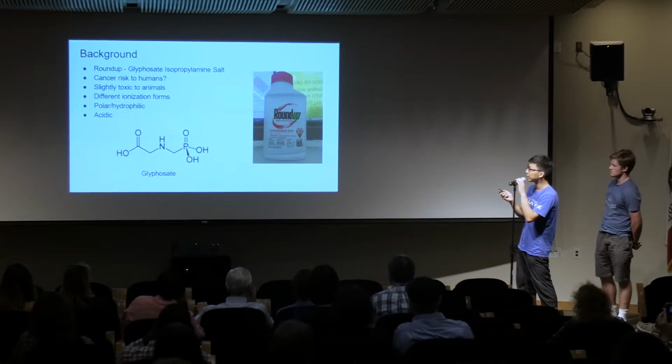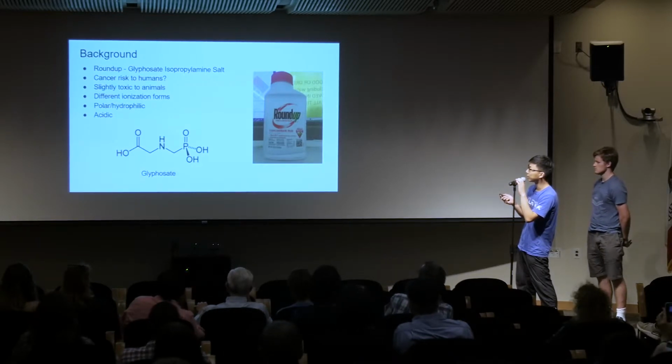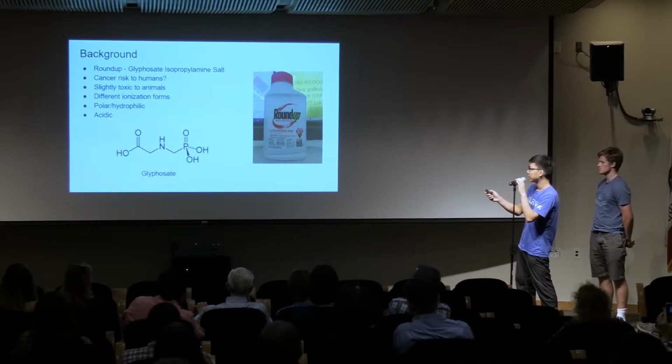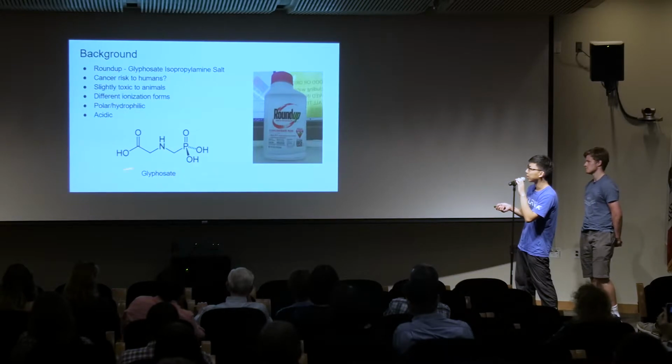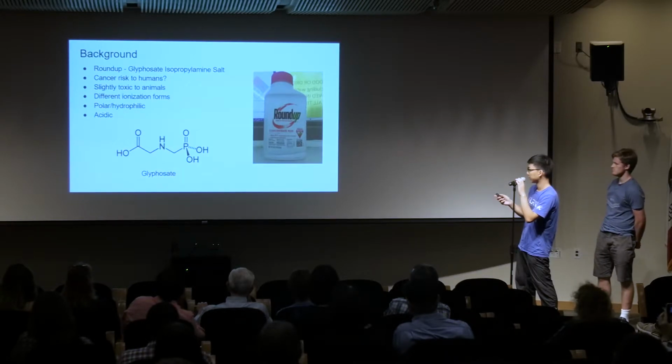Here is the structure of glyphosate. It has 3 OH groups and 1 NH group, which make it polar and hydrophilic. The 3 OH groups also make it acidic.